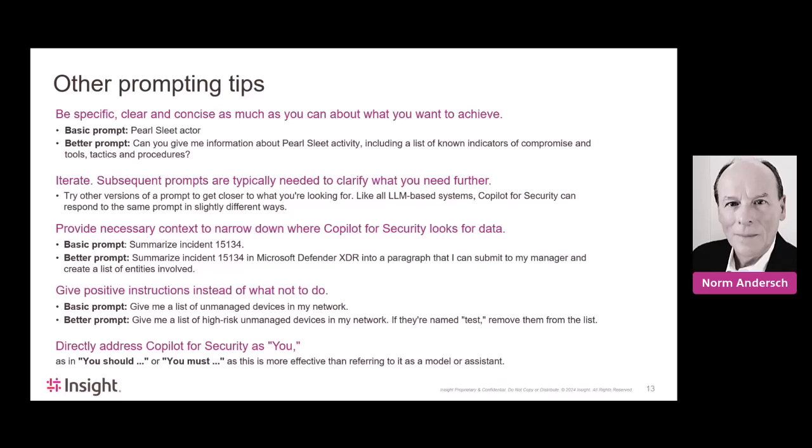Bring me the list of all high-risk unmanaged devices in my network, but if they happen to be named test, I don't want to see them, so get them out of the list. Those are both positive things to do. That would be opposed to saying, give me a list of all high-risk unmanaged devices, but skip the test ones. Yeah, that's negative with the positive. You want to do positive. Bring me all the devices, but remove the ones that are named test.